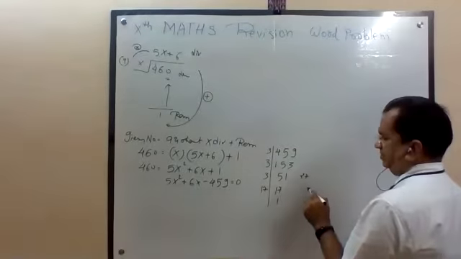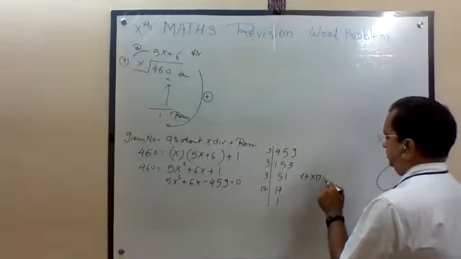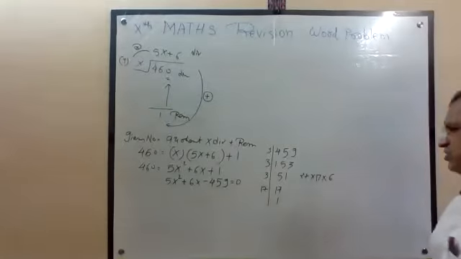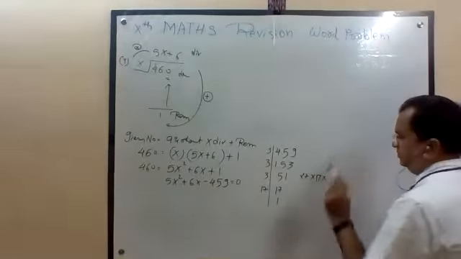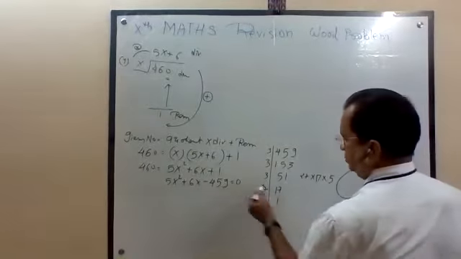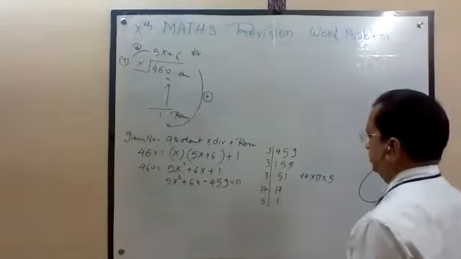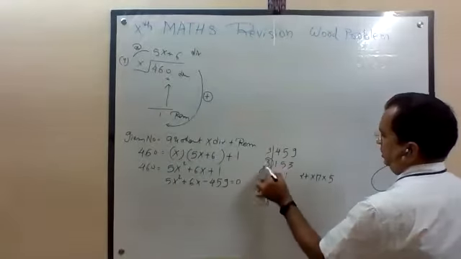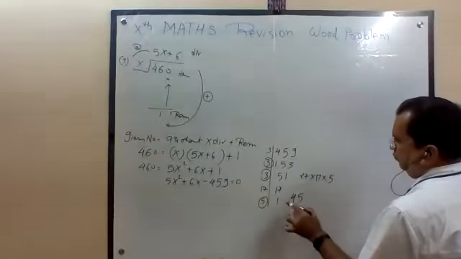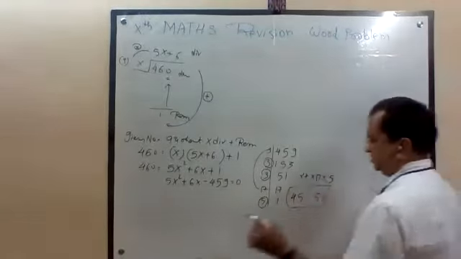27, 17, 5, because this also we have to include. So 5, 3, 3, 45. This is 51 and the difference is 6.